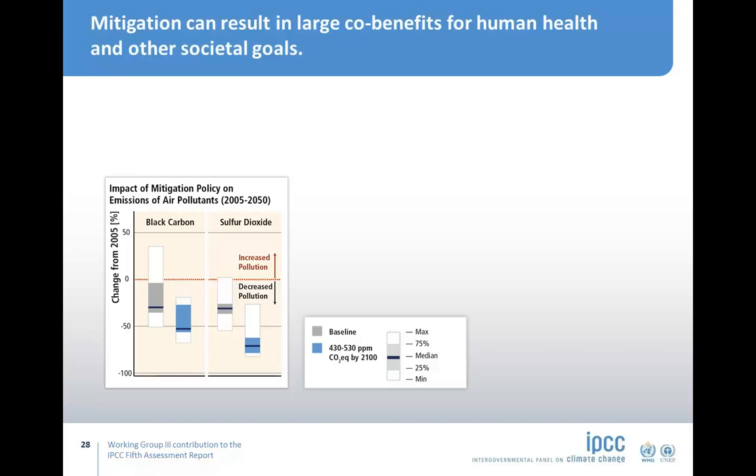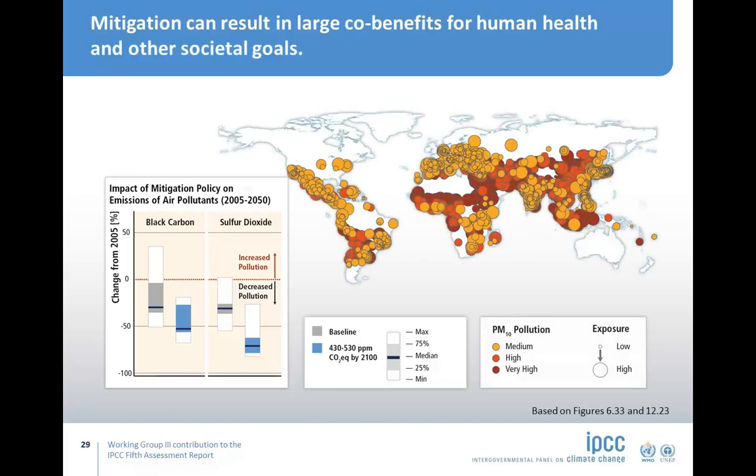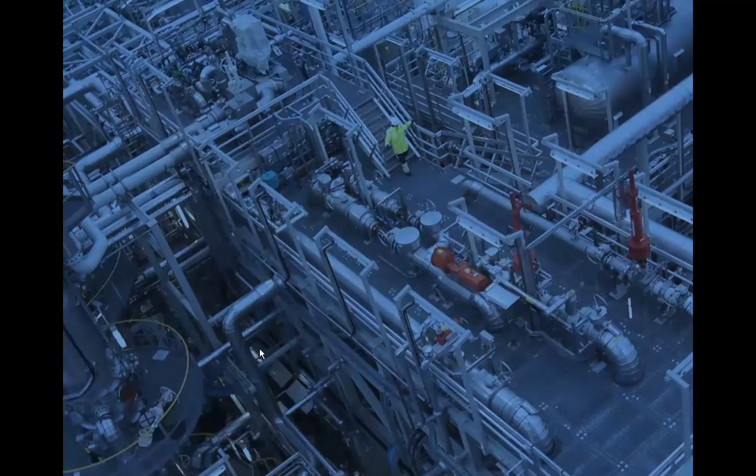So there are cross-cutting benefits there. This is looking globally at the air pollutant ranges across the planet, and what the graph here is saying is that there can be a significant improvement through low-carbon technologies.